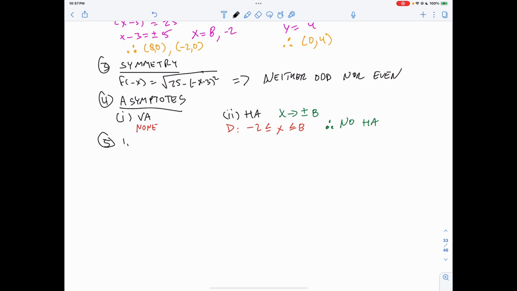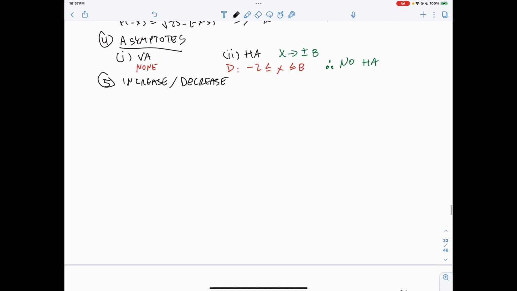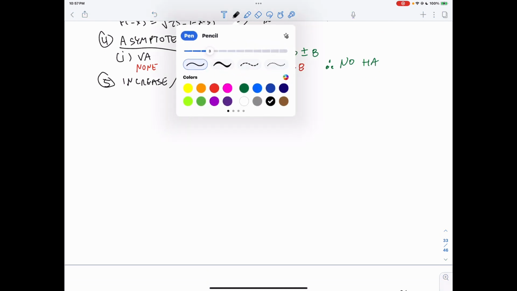For my intervals of increase and decrease, I'm going to take my function.